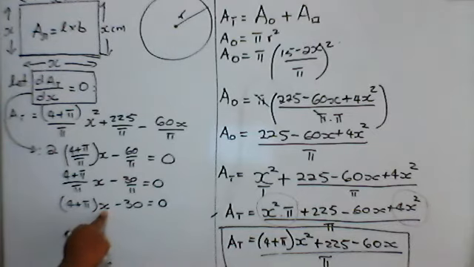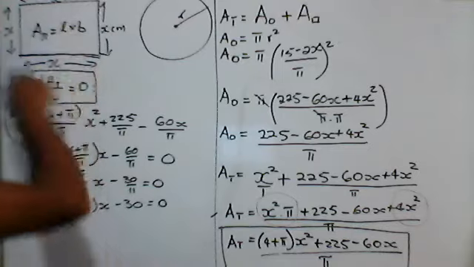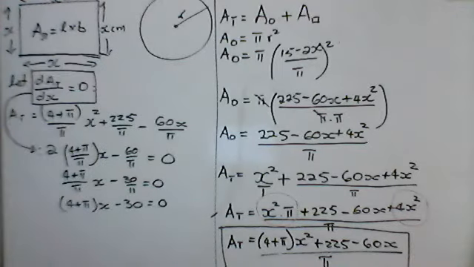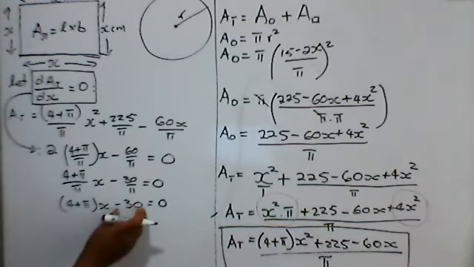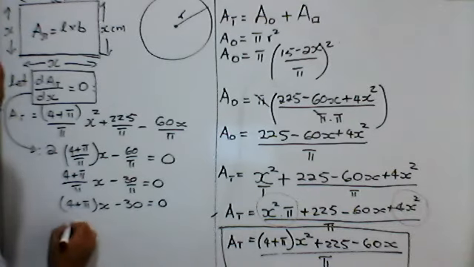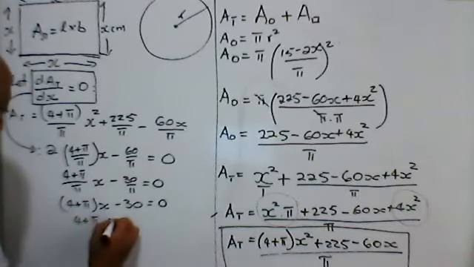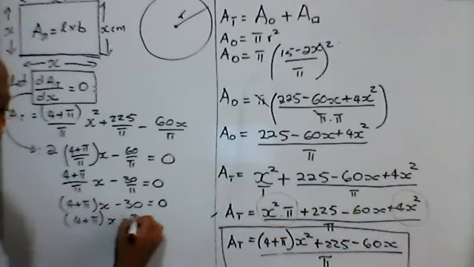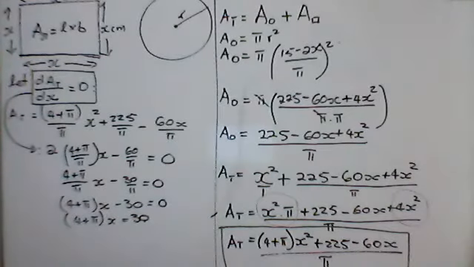We are wanting to find dimensions of x that will make this a minimum, and hence we want to find how much each length should be to make this a minimum. So I'm going to add 30 on both sides of the equation, which gives me (4 plus pi) x is equal to 30.